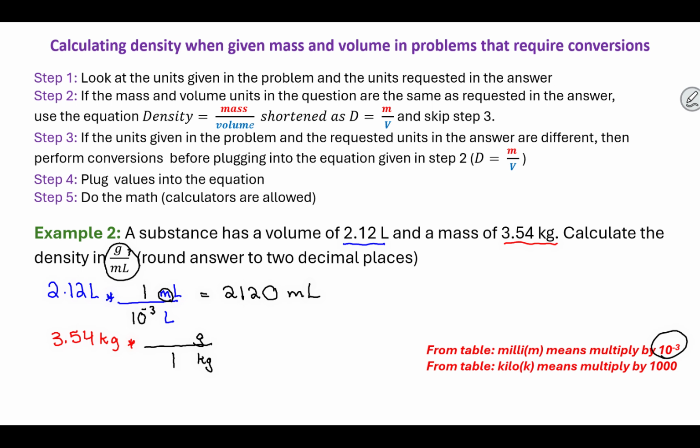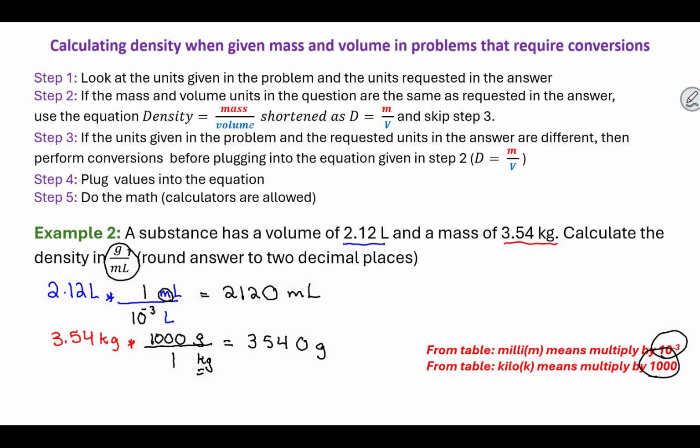And then we put the meaning of that prefix in front of the base unit, and kilo means multiplied by 1,000. And then we just perform our calculation, and this is 3540 grams. And now we're ready to go on to the next step.